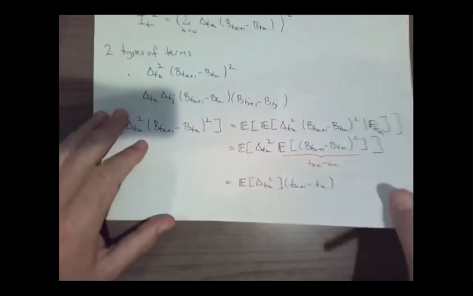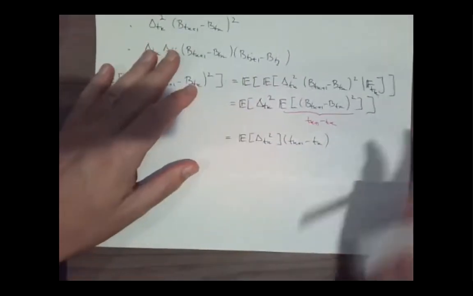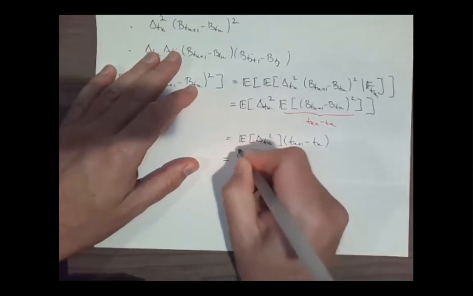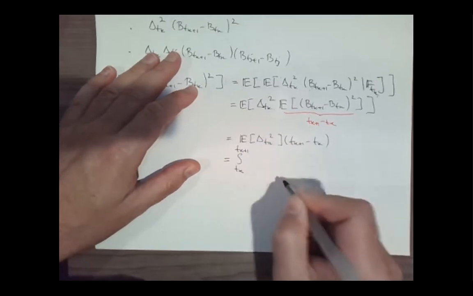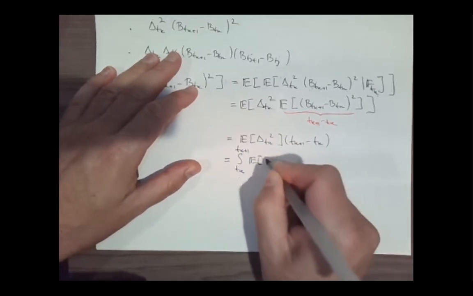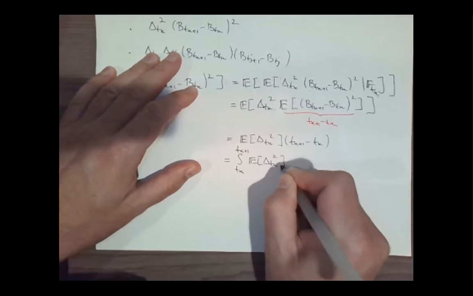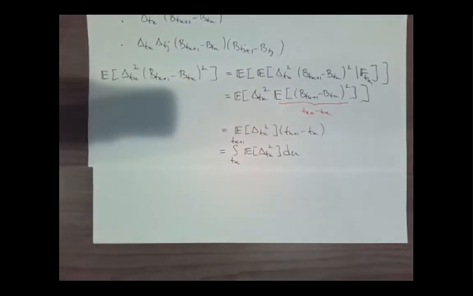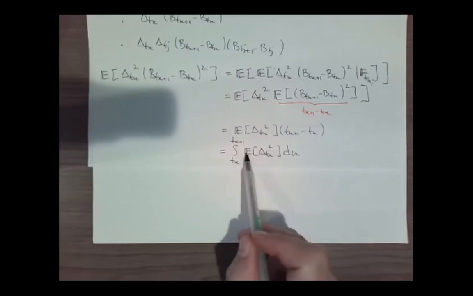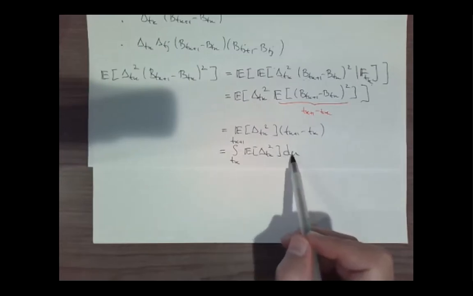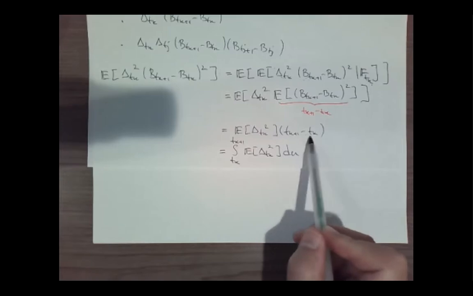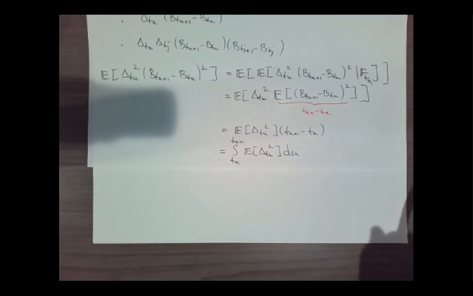And if I really want to, it might look a little bit silly, but I could write this as an integral from t_k to t_{k+1} of E delta_{t_k} squared du. There's no u dependence here, so it can go outside the Riemann integral. I'm integrating with respect to du from t_k to t_{k+1}, so I'll just get the length of the interval I have up there.